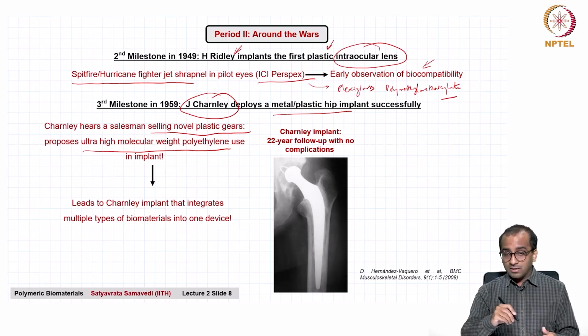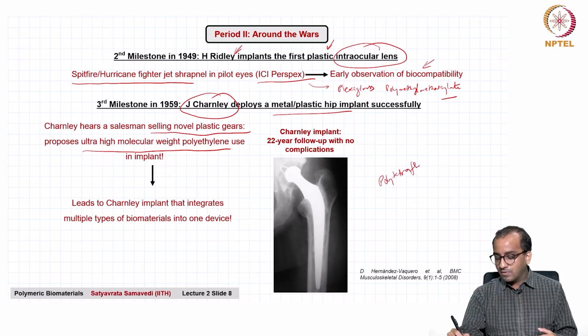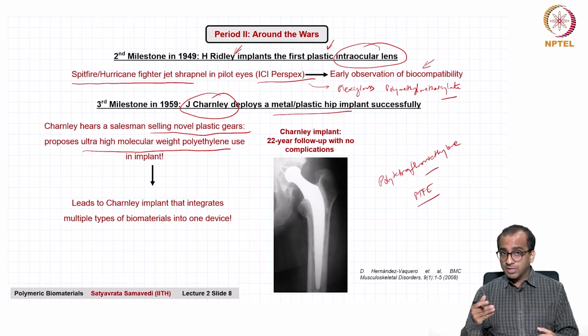And it was not that this was something that he was doing for the first time. He had already tested another polymer for this before he had heard about ultra high molecular weight polyethylene, and that was PTFE. Commercially, one commercial version of that you will know as Teflon.